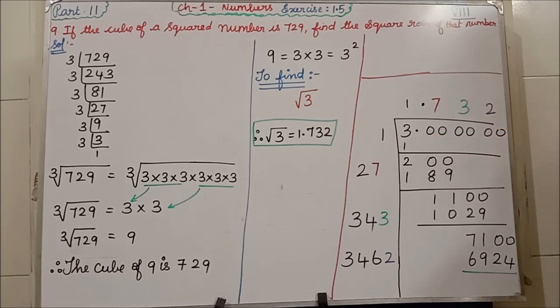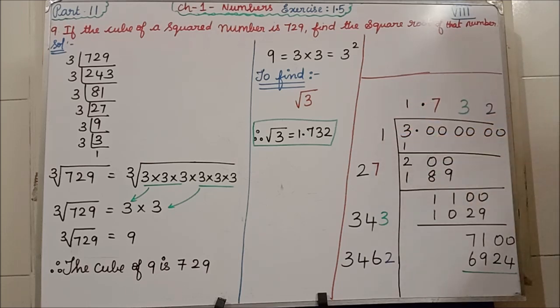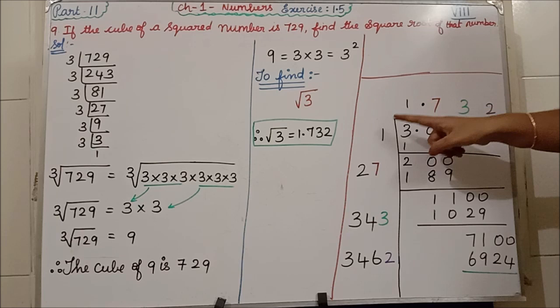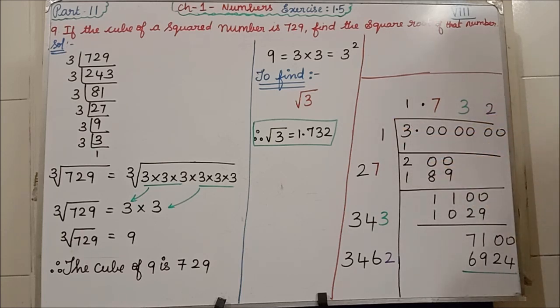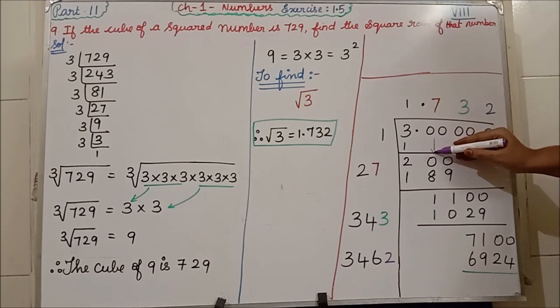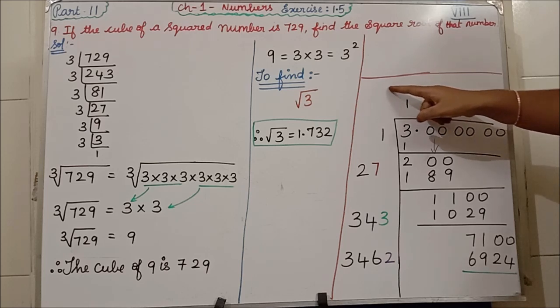Clear? Now 1 one is 1. What number you are writing, the same number here also you have to write. 1 one is 1. 3 minus 1 is 2. Then the next step, bring these 00 down. Next what you will do? You will multiply this 1 into 2. 1 into 2 is 2.